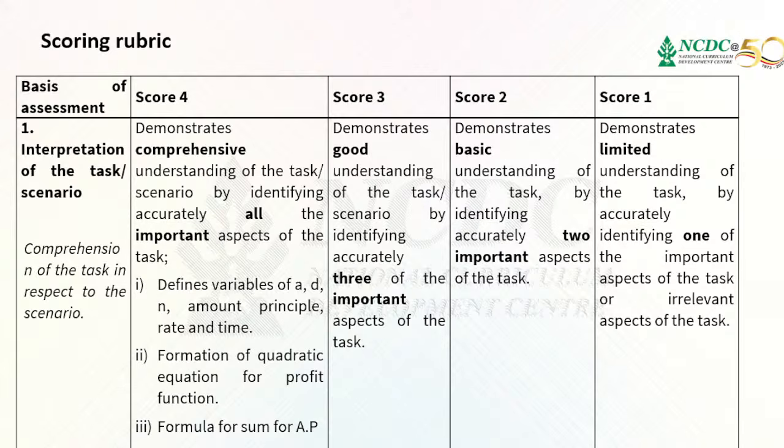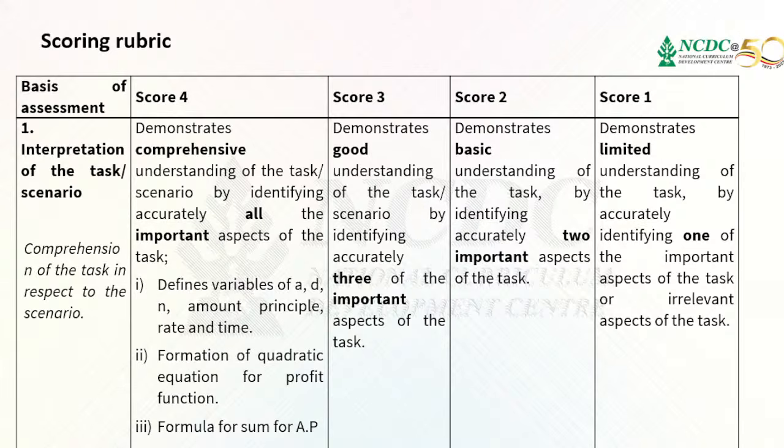That one is also scoring 1. The learner can identify aspects that are not related to this item. That learner is given 1. So that is it.